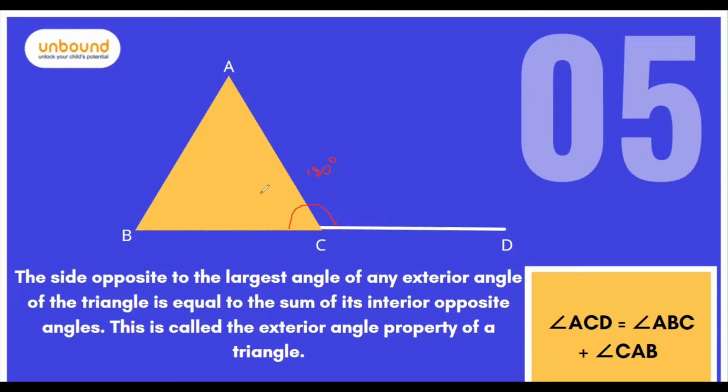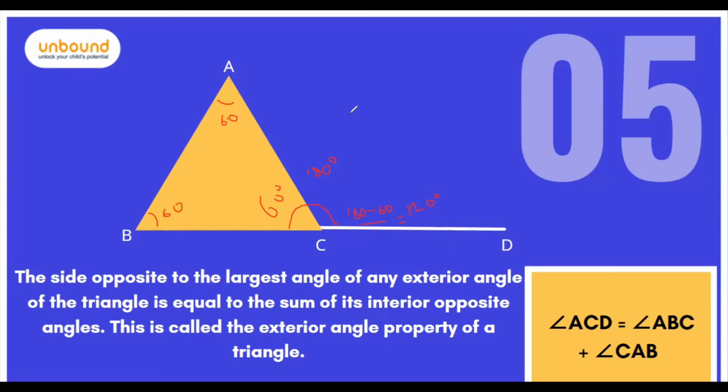Now if this is 60, then the exterior angle would be 180 degrees minus 60 degrees. So the exterior angle is 120 degrees, then the opposite angles must be 60 and 60.